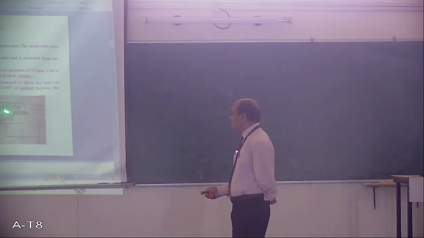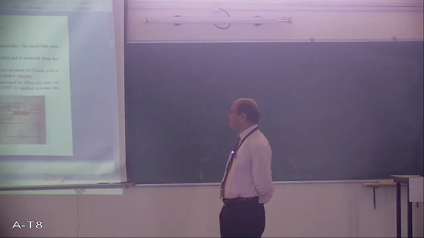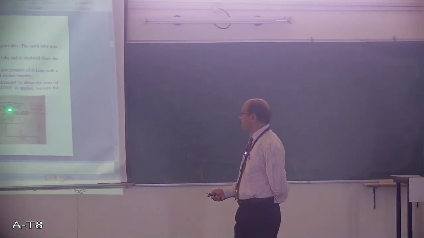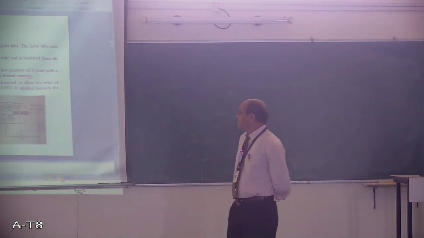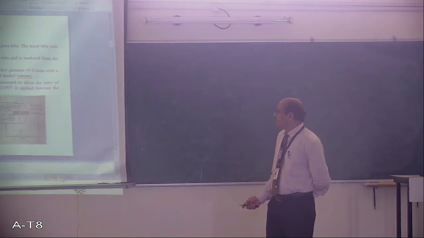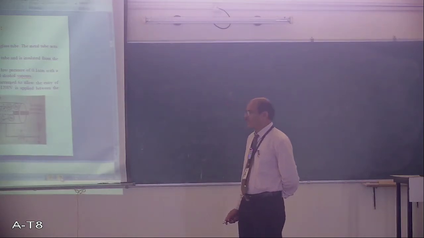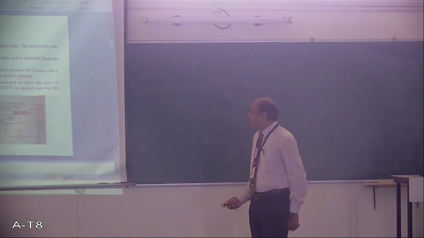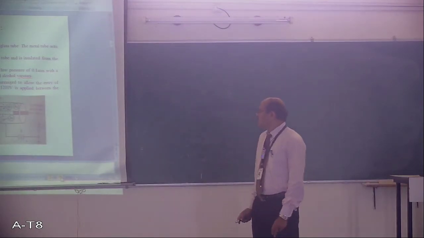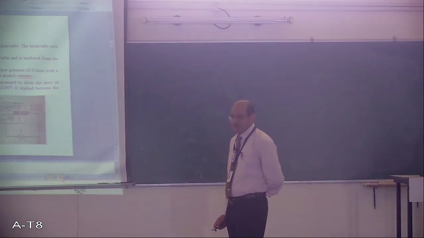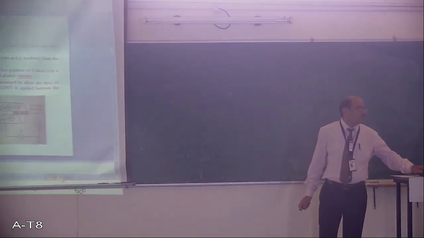This tube is filled with argon gas, which is an inert gas. Argon gas fills 90% of its volume, and 10% is filled with ethyl alcohol vapors, and the pressure maintained is of the order of 0.1 atmosphere. So the voltage maintained is 1200 volt.